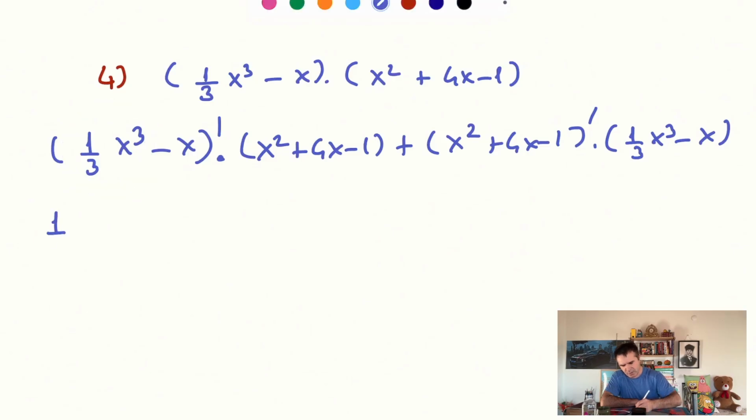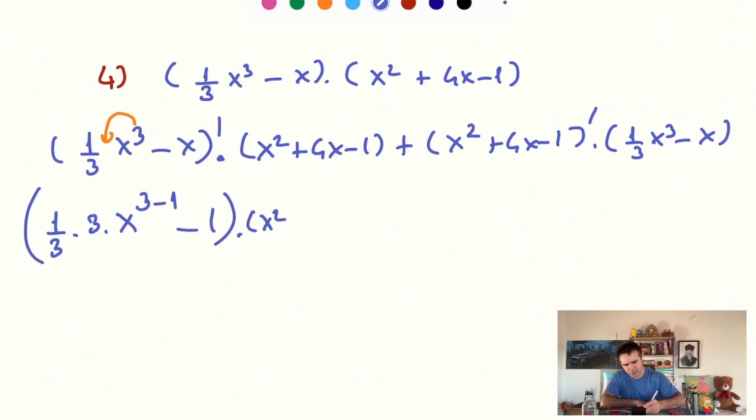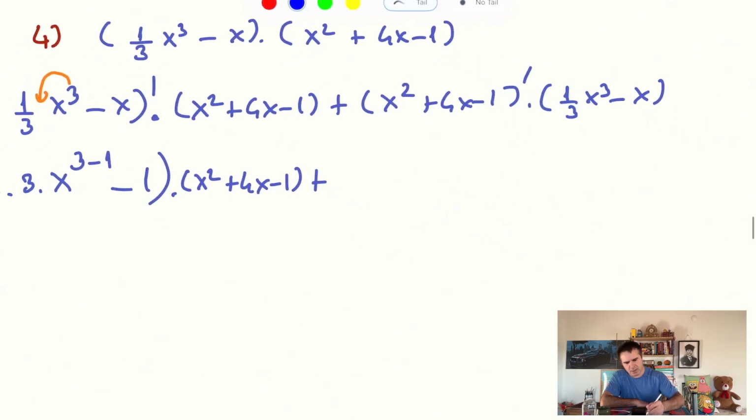We will write the constant here, and then since this is a power function, the exponent will come here as a coefficient. Then we write here 3, and we subtract 1 from the exponent, minus the derivative of x is 1, times x squared plus 4x minus 1, plus the derivative of this part, the derivative of x squared.